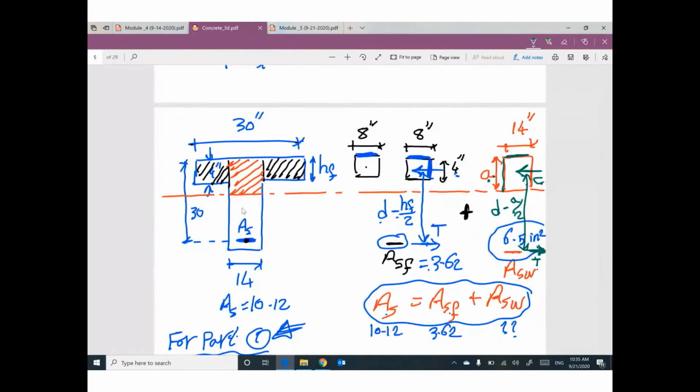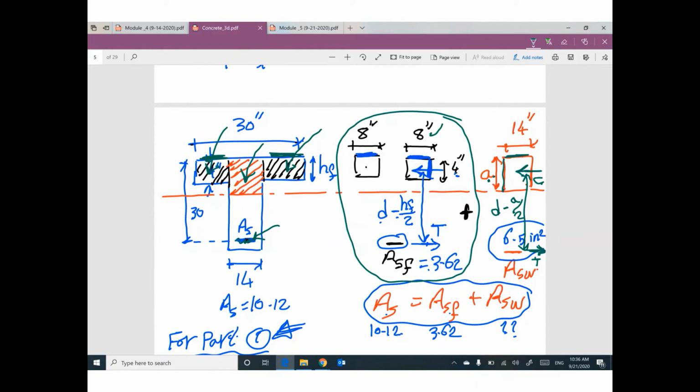First part, this overhanging part working with a little bit of the area steel. Then the remaining part of concrete working with the remaining part of area steel. This little part plus this little part, I can figure it out.